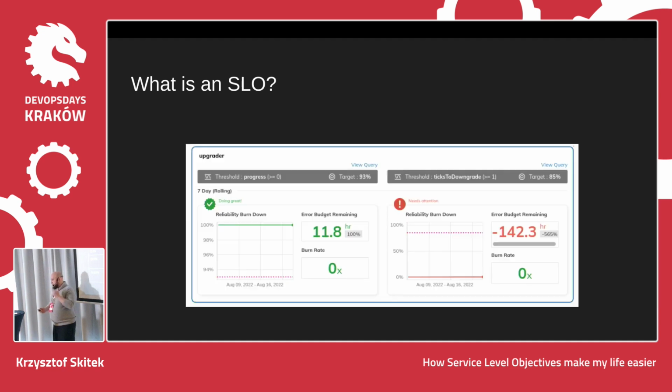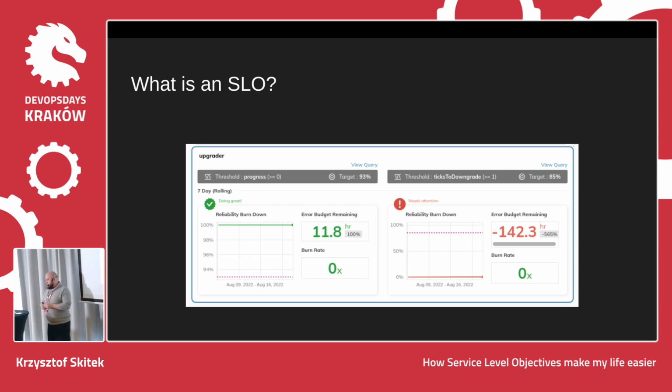So another way to visualize that would be like on this screenshot. It is a screenshot from the Noble-Line application, actually. You have here an upgrader service. I will talk about this service in a few slides.